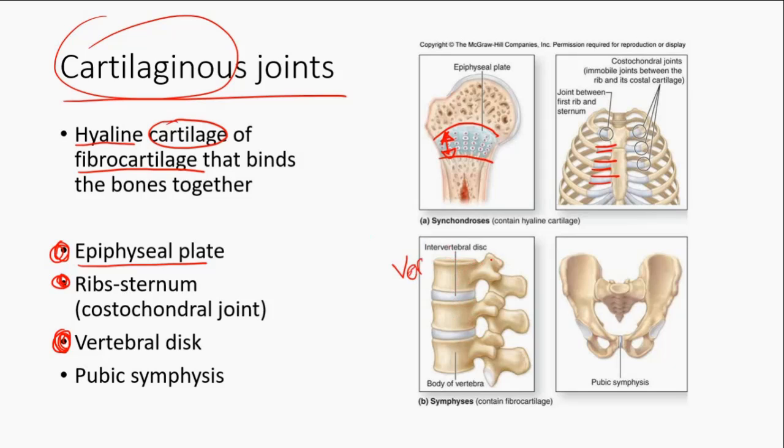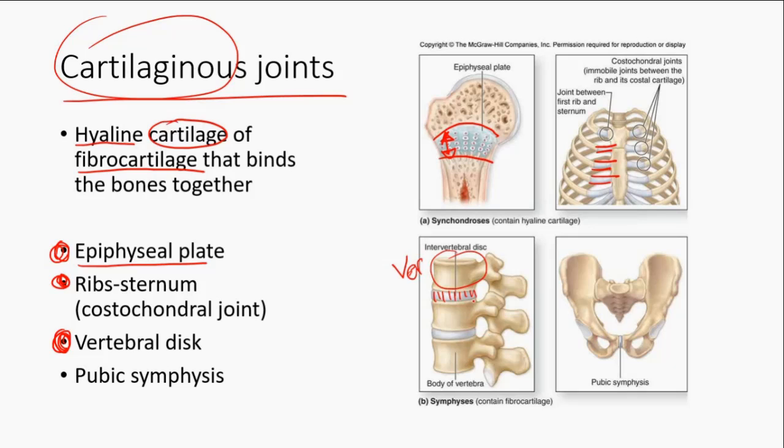So here's your vertebrae, and over here you have the body of your vertebra. In between the vertebral bodies, you have fibrous tissue. Obviously, this acts like glue because it holds your vertebrae together to create your spinal column. But it's also allowing space, it has tolerance for you to be able to bend your spine forwards and backwards.